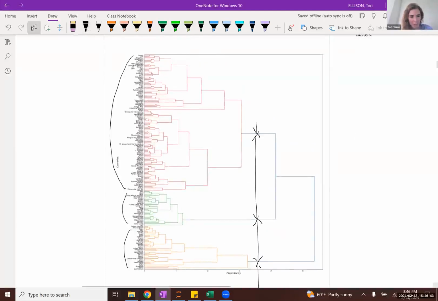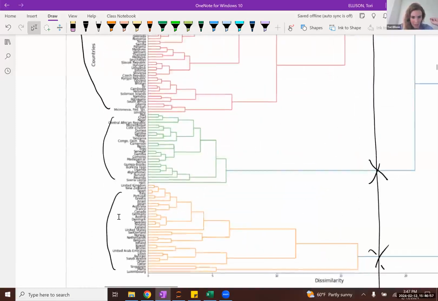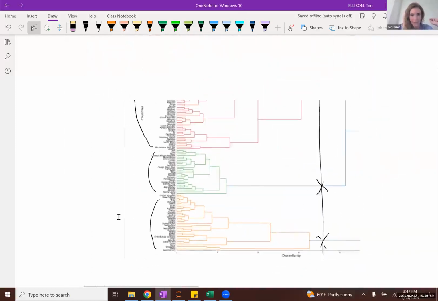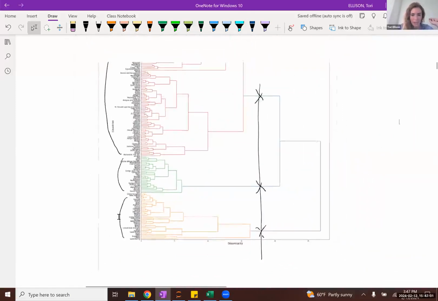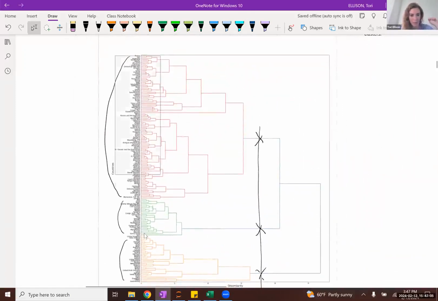So what that shows us is that this clustering of countries here further broke down into these 2 sets of clusters here. What that tells us is that, of these 3 clusters, the most distinct set of countries are these ones here, and the second most distinct set of countries are these ones here.